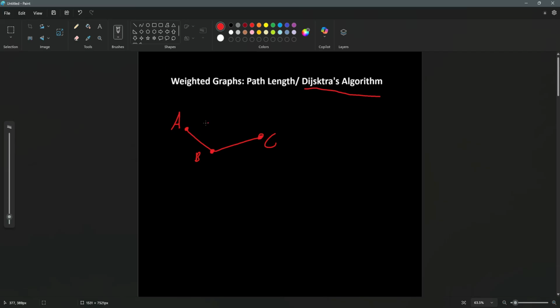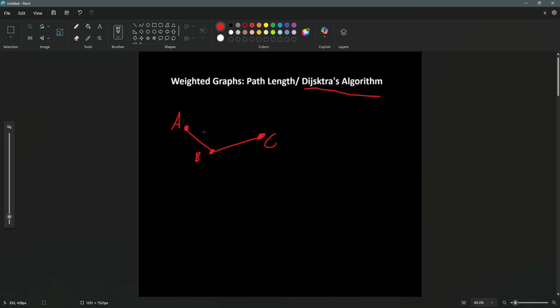If you'll remember, the graphs we've been looking at so far before this last day look something like this. We've got our vertices, in this case A, B, and C. We have edges connecting them: one edge between A and B, another between B and C. The thing that we've been adding is a weight to each of these edges, a number that we assign.